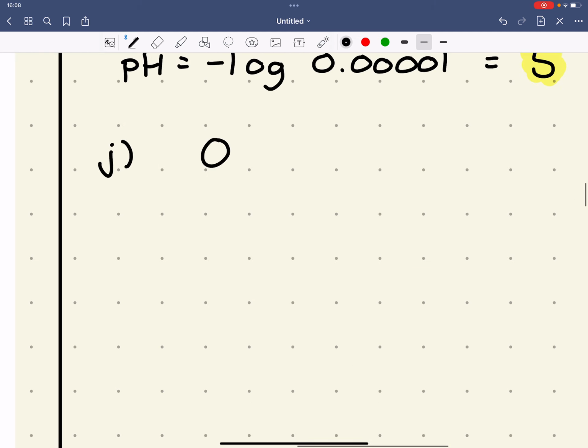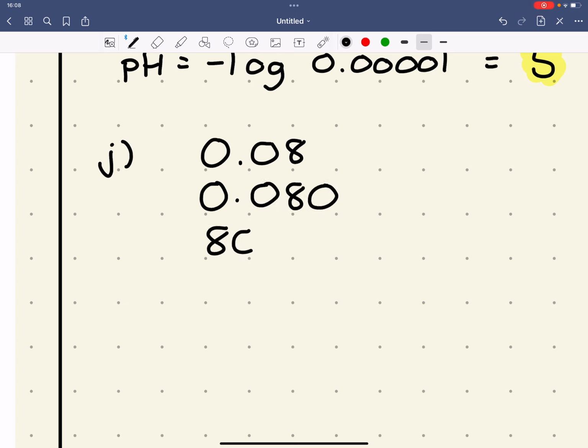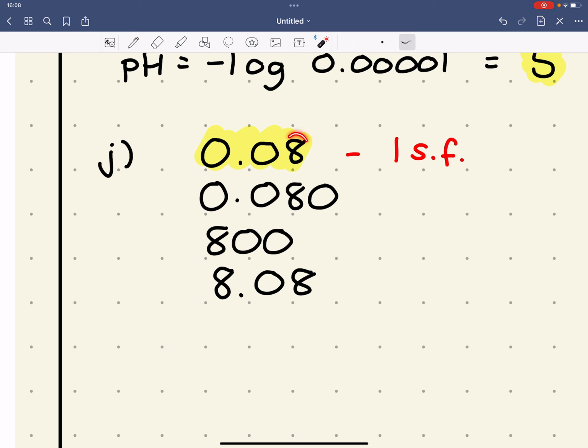We're given 0.08, 0.080, 800, and 8.08. So which of those definitely contains 3 significant figures? Well, straight away, this one, you should be able to see, contains 1 significant figure, and the significant figure is this 8.